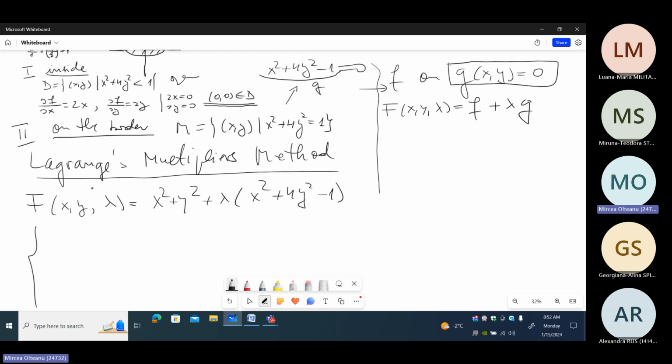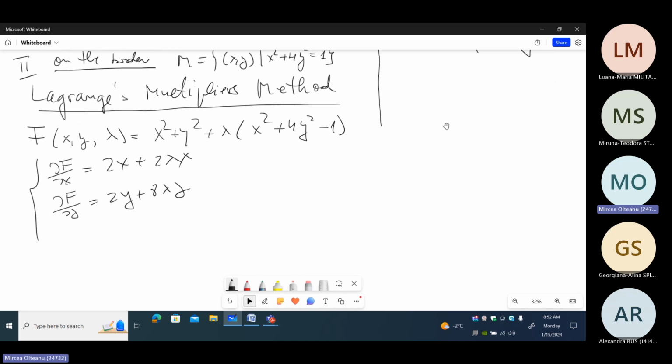So the derivative of capital F with respect to x is 2x plus 2 lambda x. Now with respect to y, 2y plus 8y lambda. And now the last one, you can write it in two ways. It is actually g, because the partial derivative of capital F with respect to lambda is exactly this expression. So the last equation is always g equals 0. Okay, so now we need to solve the system which gives us the critical points of the function capital F.